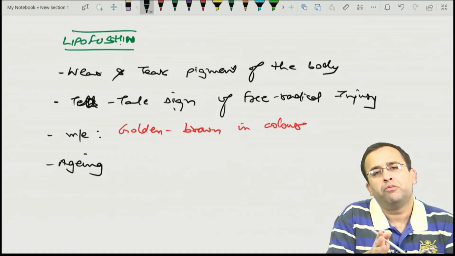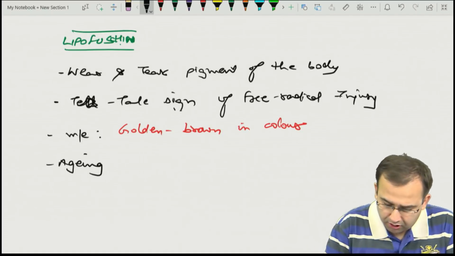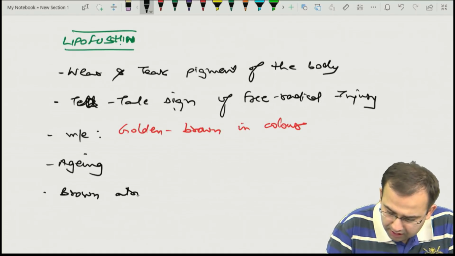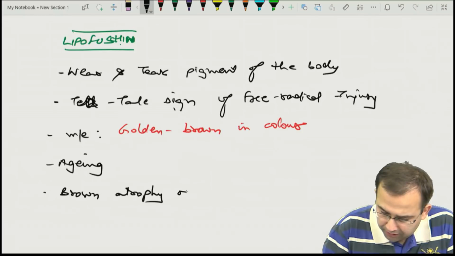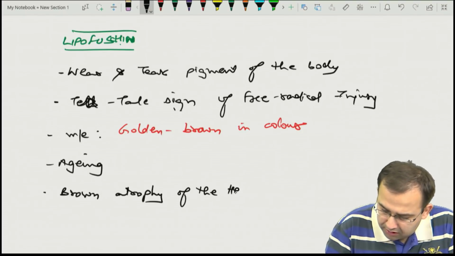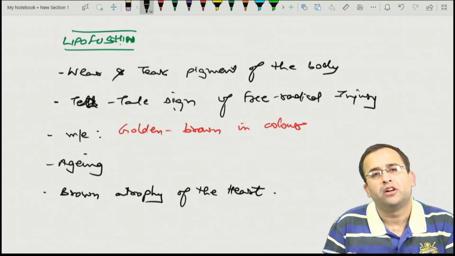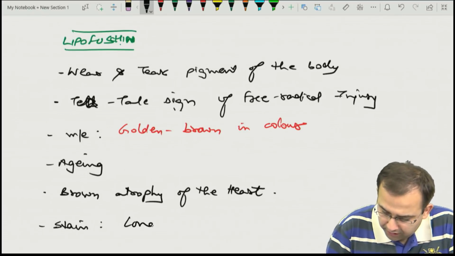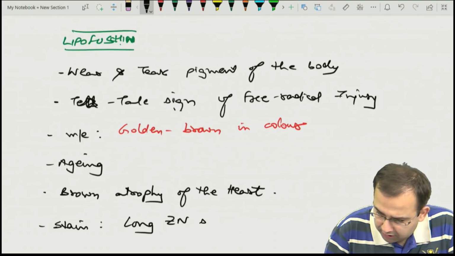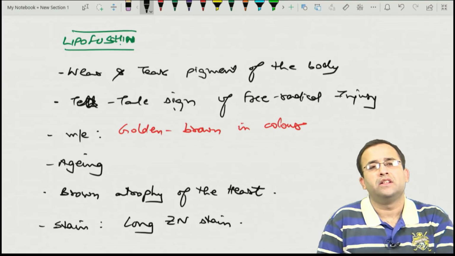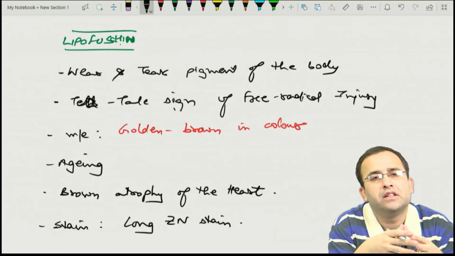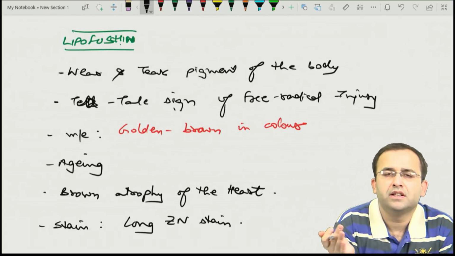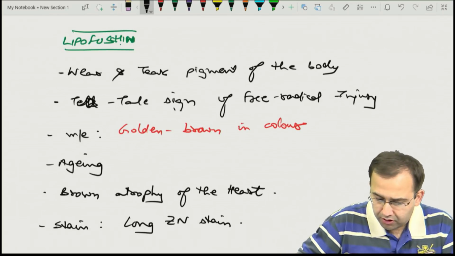The lipofuscin deposition in the heart is called brown atrophy of the heart. And the stain used for lipofuscin is the long ZN stain. You very well know that Ziehl-Neelsen stain is used for tuberculosis. If the staining time is increased, that is the long ZN stain that is used for lipofuscin.